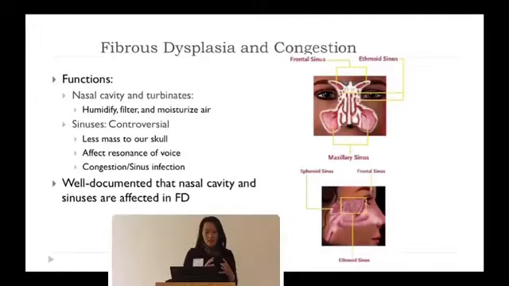The actual function of the sinuses is questionable or controversial, and we do know that when there are areas, in particular the maxillary sinus, involved, we can have patients complaining of congestion or frequent sinus infections.